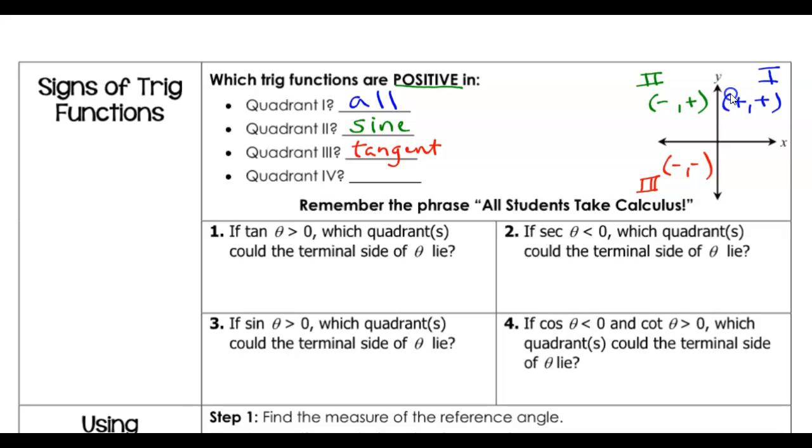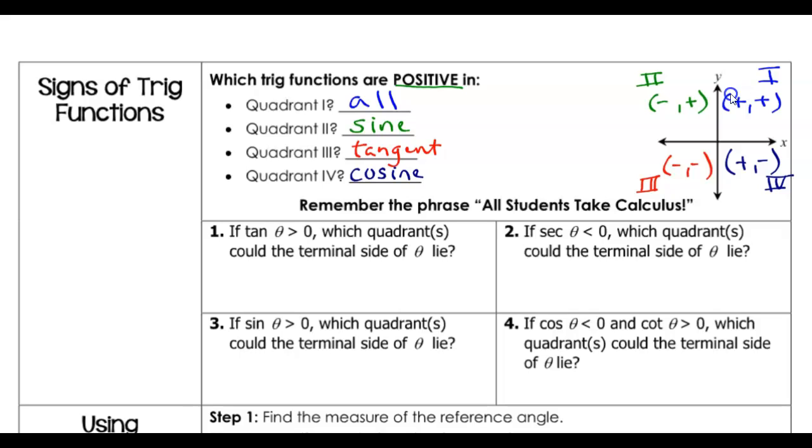So the tangent is the only trig function, and cotangent, obviously its inverse, are going to be the only positive function there. And in quadrant 4, notice that the x coordinate is positive and the y coordinate is negative. So that means that, again, only the cosine is going to be positive here, because the cosine is the same as the x coordinate on the unit circle.